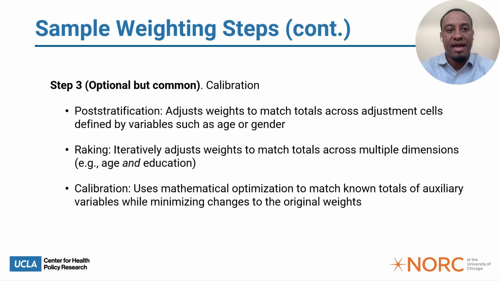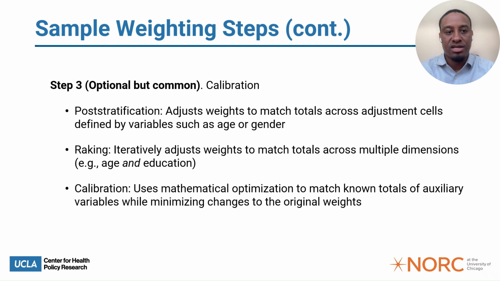The third and final step is calibration. This step is optional but often performed in large surveys. Calibration can be performed in different ways. One way to do calibration is post-stratification.